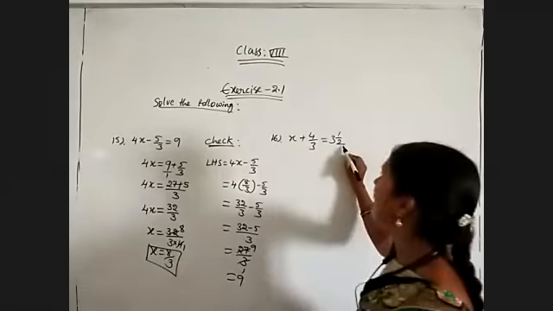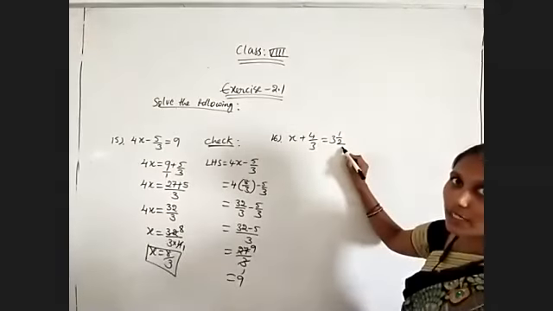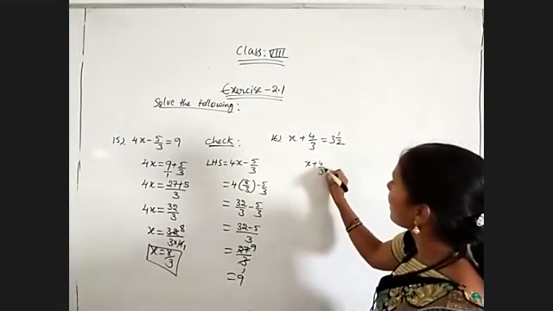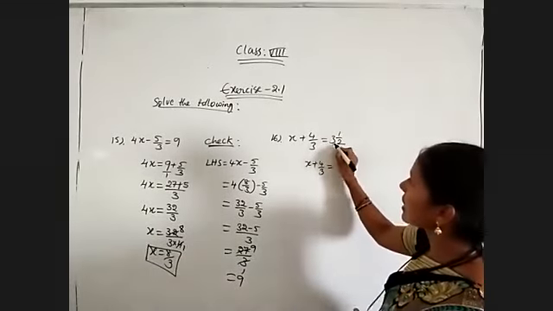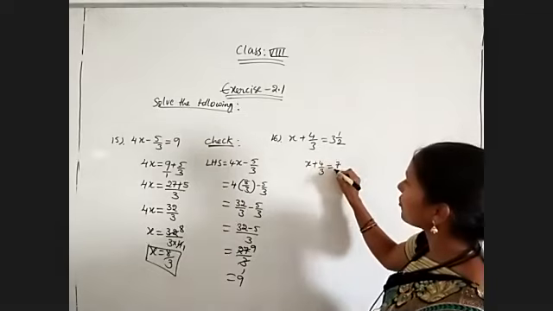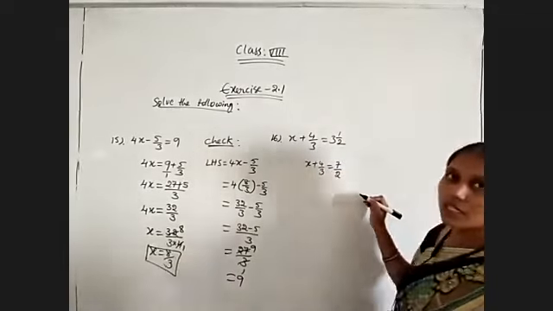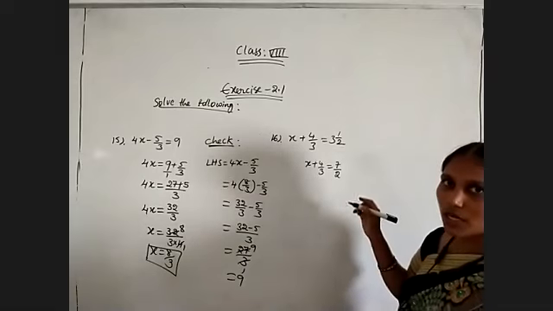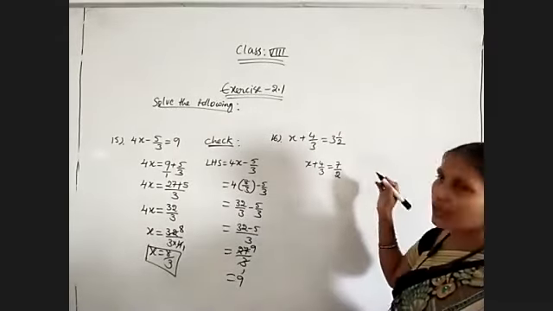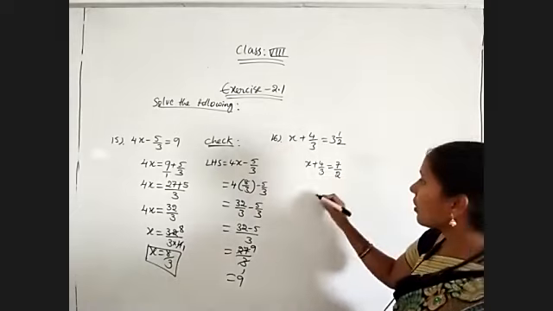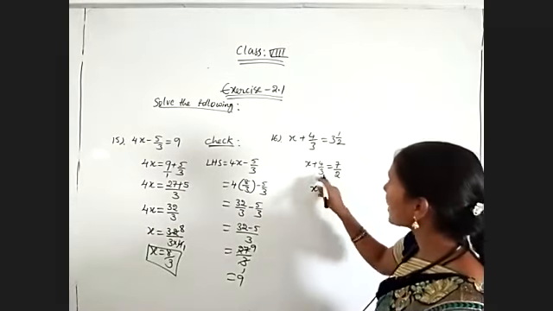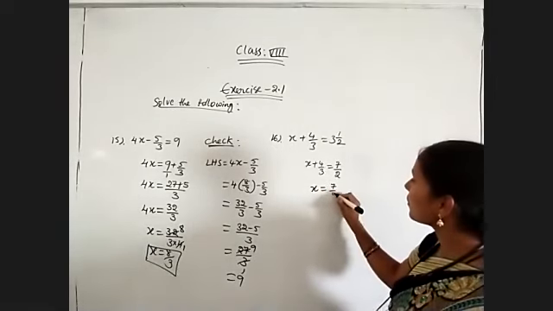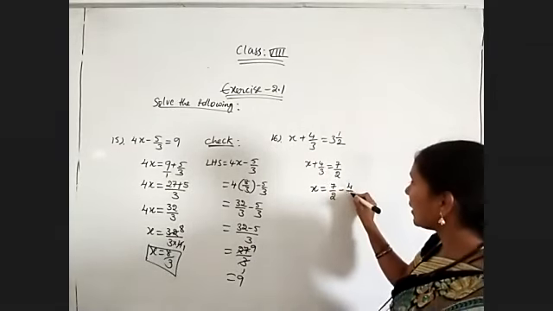Now coming to this question. First of all, it is a mixed fraction. So convert this one into improper. x plus 4 by 3 is equal to 3 2s are 6, 6 plus 1, 7 by 2. I hope you know how to convert mixed fraction to improper and improper to mixed, because you are in 8th now. So you can understand easily. So now x is equal to 7 by 2, and plus 4 by 3, by bringing this side, becomes minus 4 by 3. 7 by 2 minus 4 by 3.